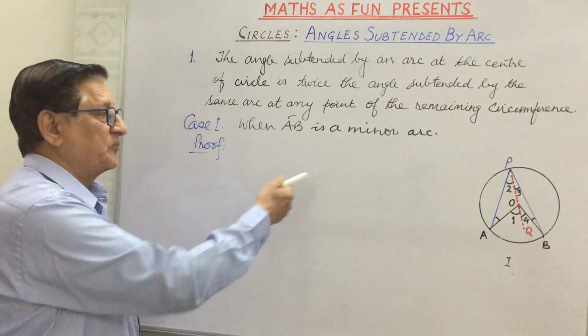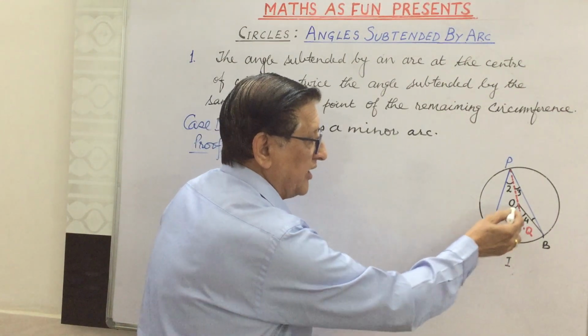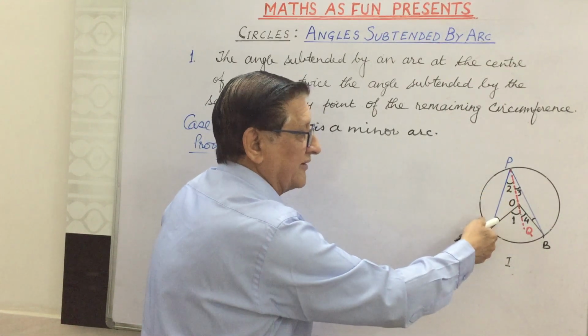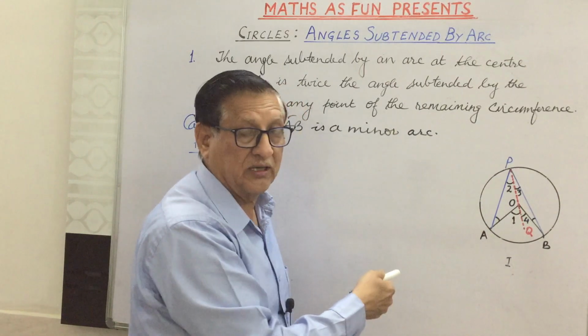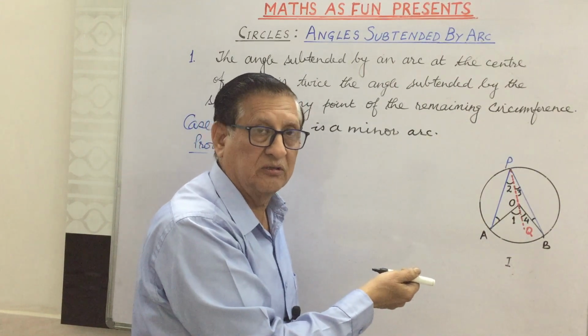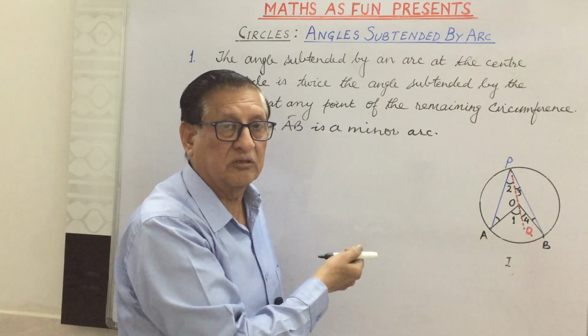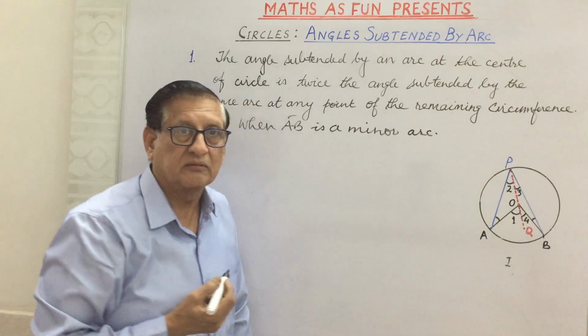Going to the proof of this part, what we find? If we go for triangle AOP, this angle and this angle are equal because OP and OA are equal. They are the radii of the same circle. And we know that the angles opposite to the equal sides are equal in a triangle.